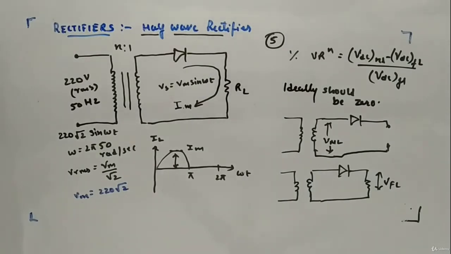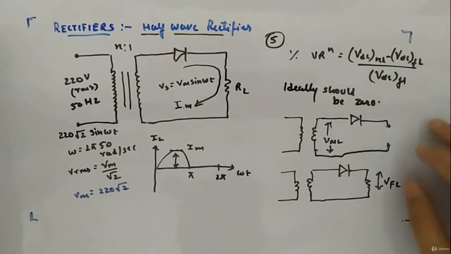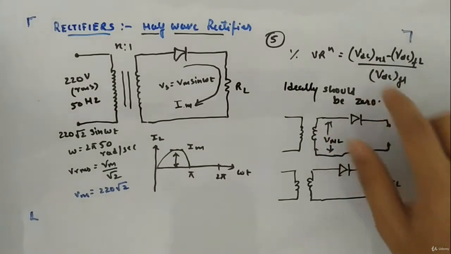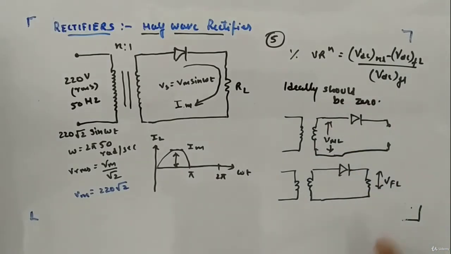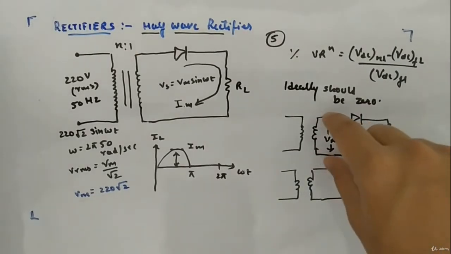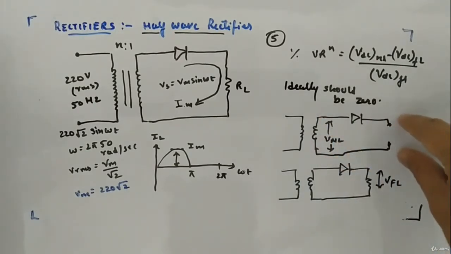Now there is one more voltage called full load voltage, when there will be a load. So whatever the voltage across the load will be called the full load voltage, and we have to see the DC voltages of these two voltages. In this case there is no load, so whatever the secondary voltage is appearing at the load side.